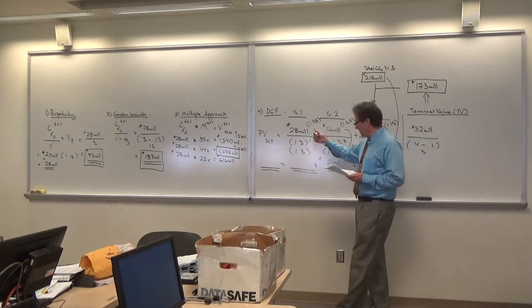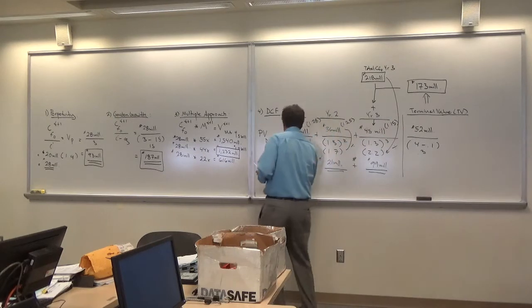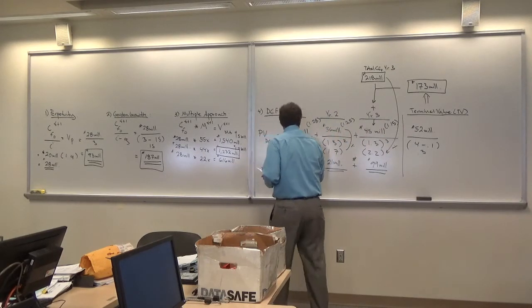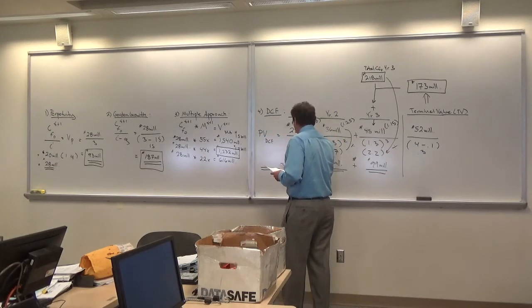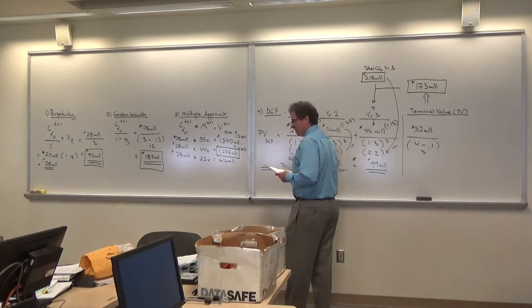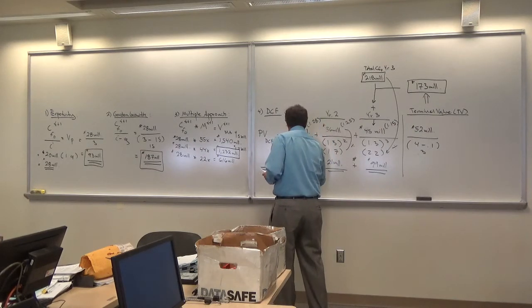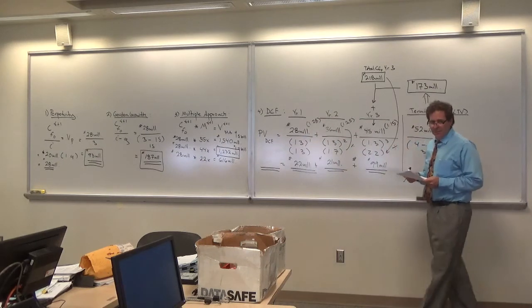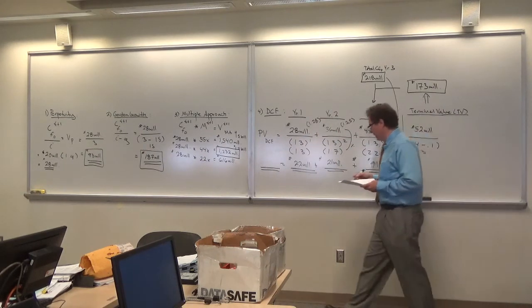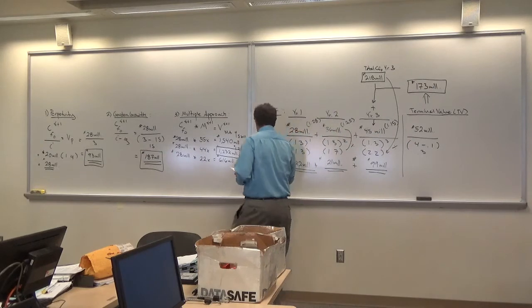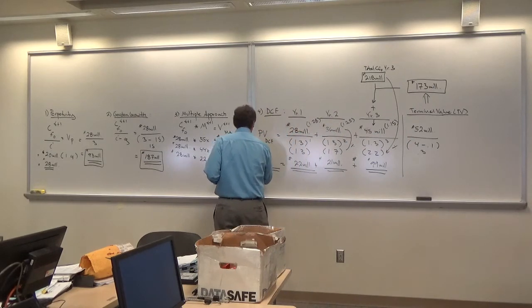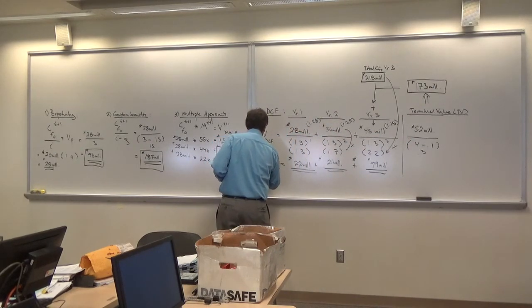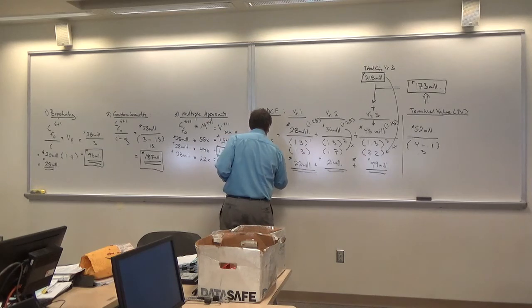Exactly, 28 divided by 1.3, and what does that give us? 22 million, got it. And what do we do with these discounted cash flows? You add them up, and what do you get? 142 million. Got it.